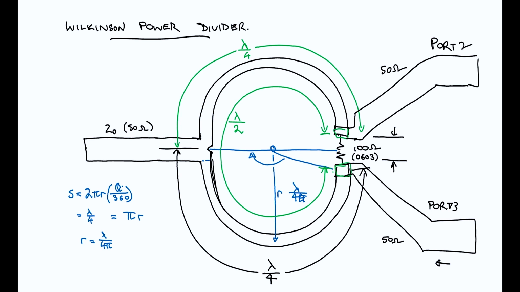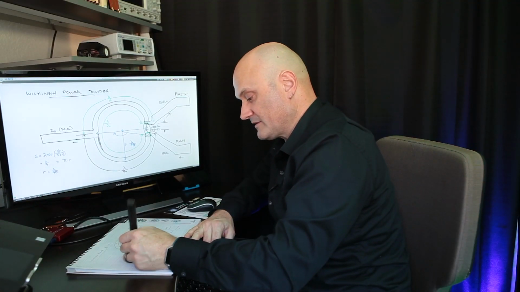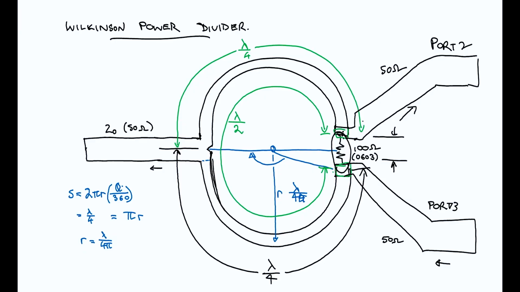If any reflections or unwanted signal comes in one of those output ports, a half wave later it's cancelling out with itself, and the 100 ohm resistor terminates that against that same signal 180 degrees out of phase, because it's a half wavelength apart, and that gets dissipated in the resistor. So it does not go out the other port. So you have output port isolation, and it's isolated also towards the input port, and vice versa. So this structure is the preferred structure for a power divider, and there's many designs.